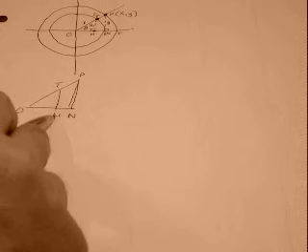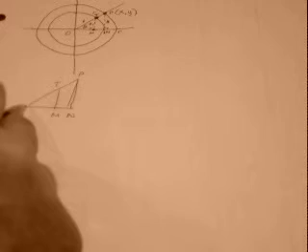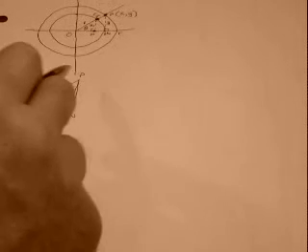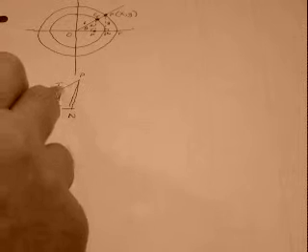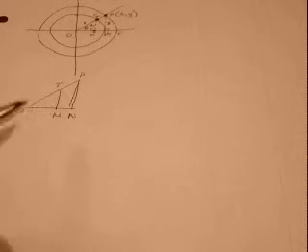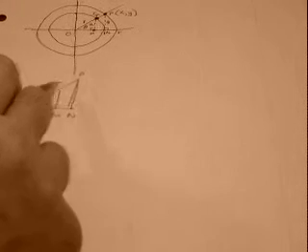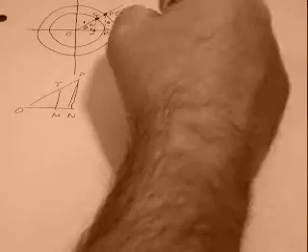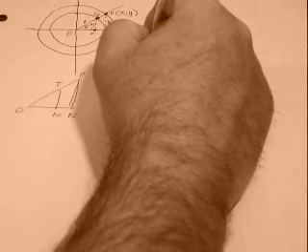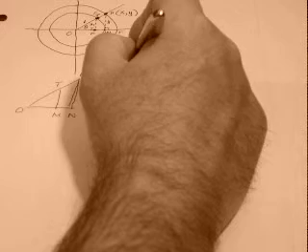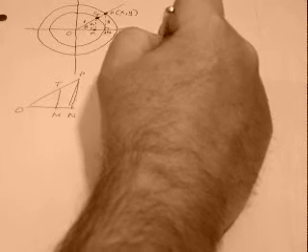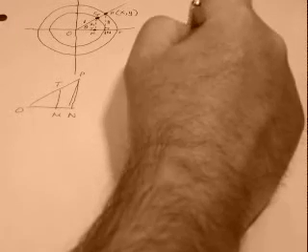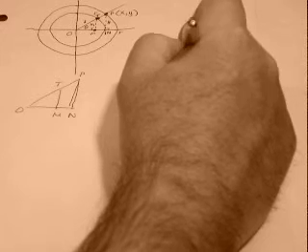For example, we have MT divided by OT would equal NP divided by OP, right? MT over OT would equal NP over OP.